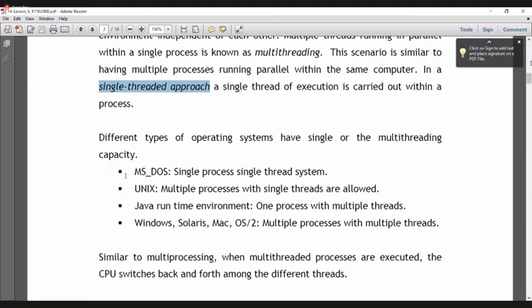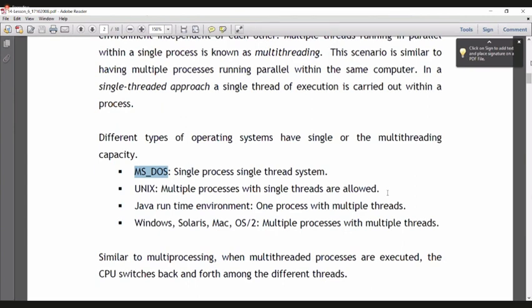Different types of operating systems have single or multi-threading capacity. So now you know a few different operating systems. MS-DOS, the earlier version, is a single process system. You can run only a single process at a given time, and it is a single thread system. That's a very old operating system.